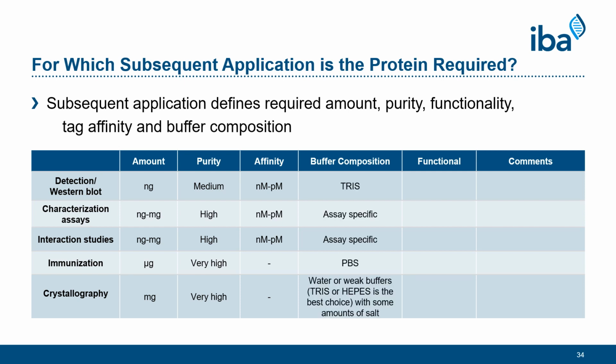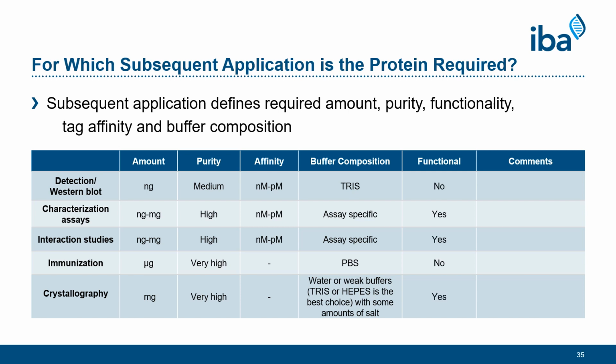In addition, analytic applications allow only specific buffer compositions, so if the purified target protein is already present in a buffer compatible with the analytic application, the time for buffer exchange can be saved and the functionality or activity of the protein can be retained.